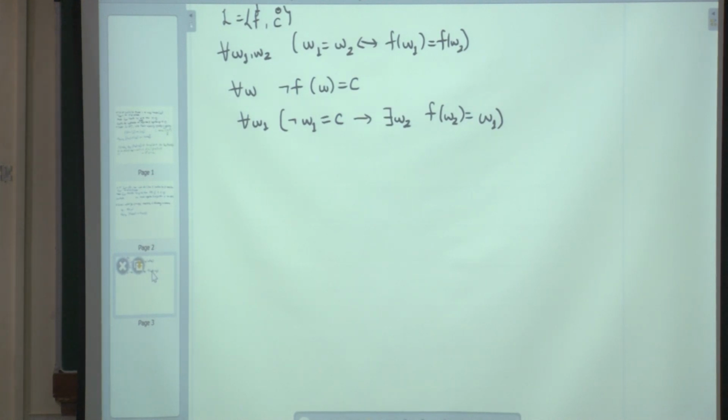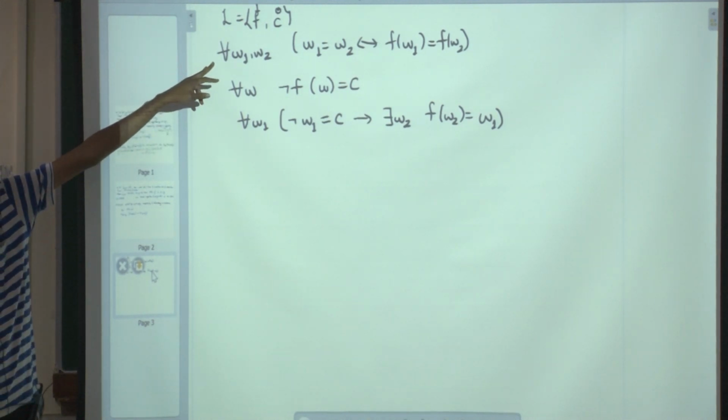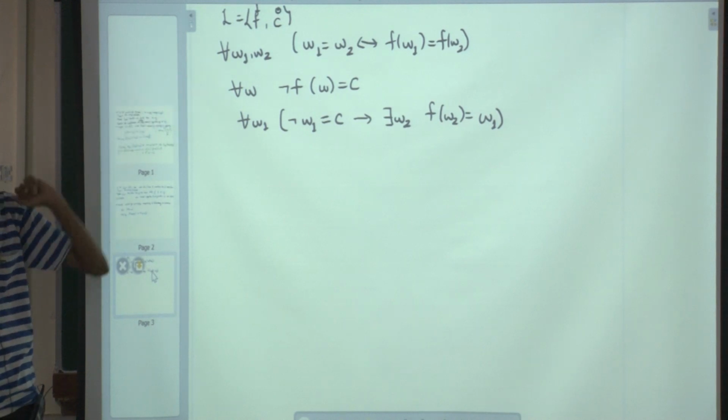Okay, so now you are given this new language which consists of a unary function symbol and a constant symbol.